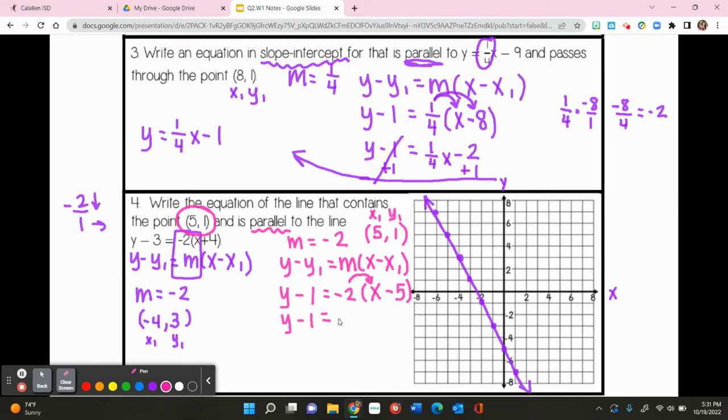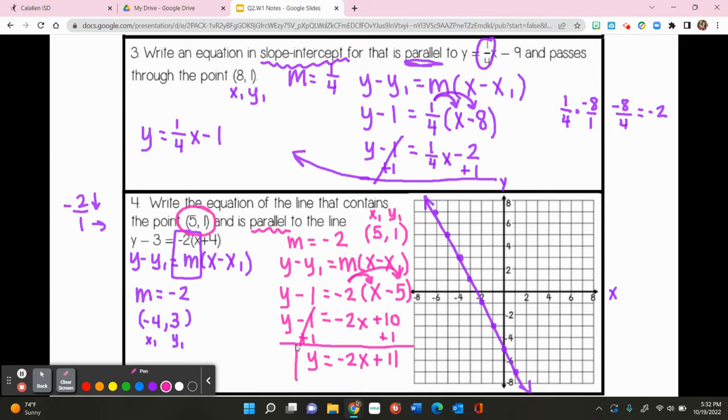Negative 2 times x is negative 2x, and negative 2 times negative 5 is a positive 10. But I'm not done. I want to get y all by itself, so I'm going to add 1 to both sides. This cancels out, and I'm left with y equals negative 2x plus 11.